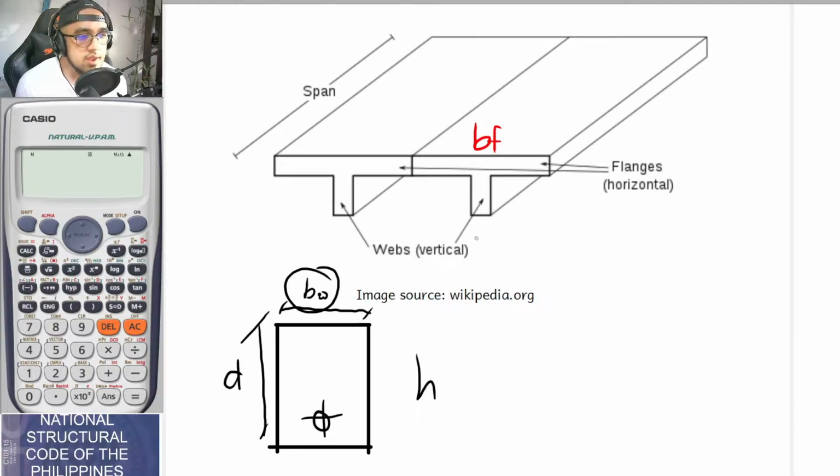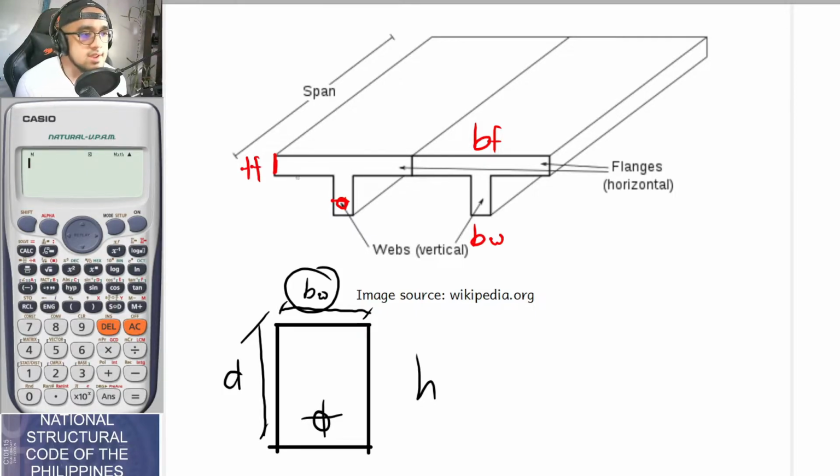And you also have this BW, the base of the web that we have been talking about for the past couple of months now. And if this is your steel area, this is still your depth D. We also have a new parameter, which is the thickness of the flange. And the thickness of the flange is basically what it says. It is this dimension.